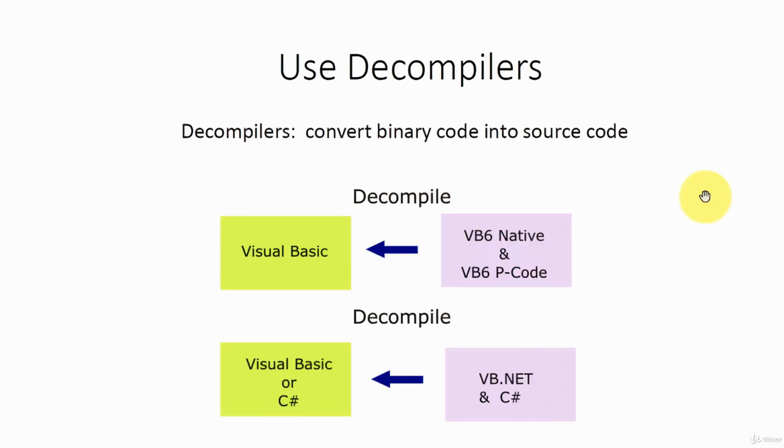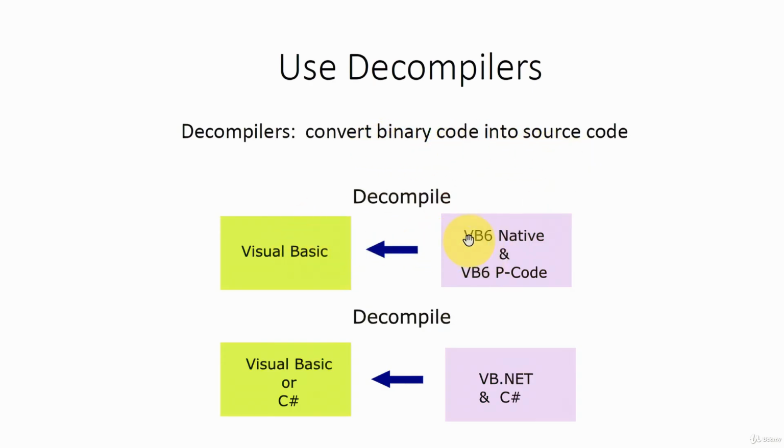However, we have seen that for Visual Basic, both VB6 native and VB6 P code can also be cracked by using the process called decompiling. So we can actually convert binary code into source code.